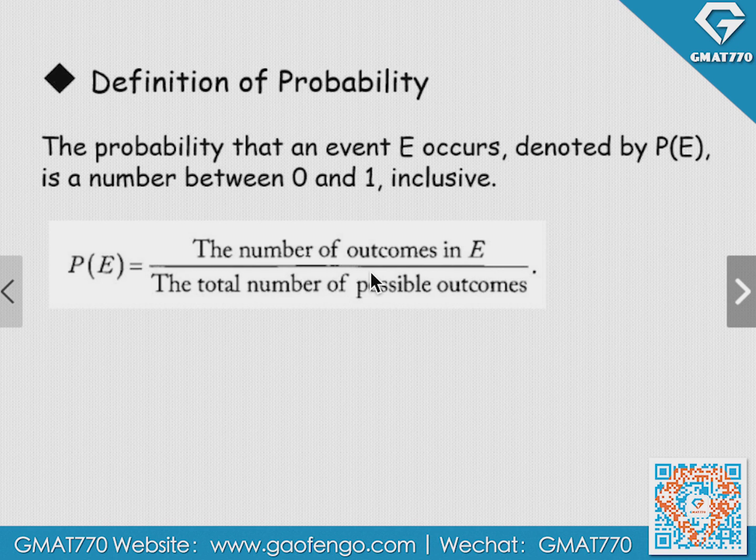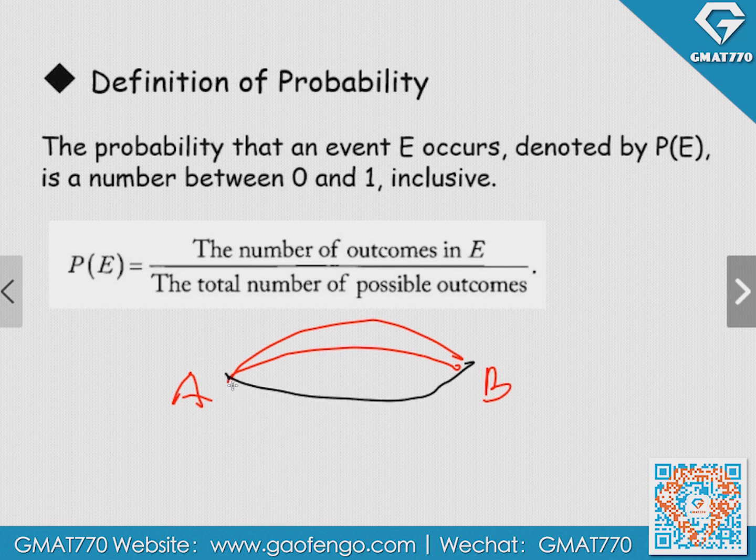For example, in the last picture, from A to B we have a total of 5 different ways, and 2 of them are red lines and 3 of them are black lines.